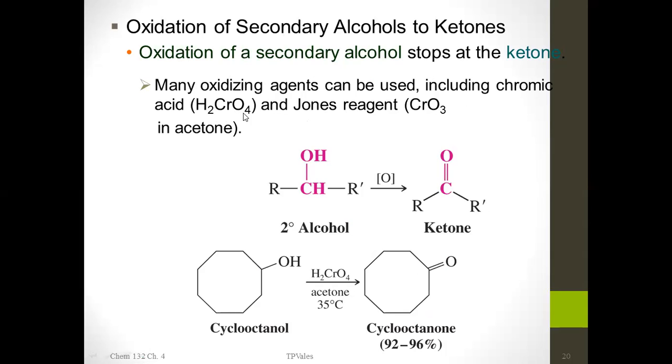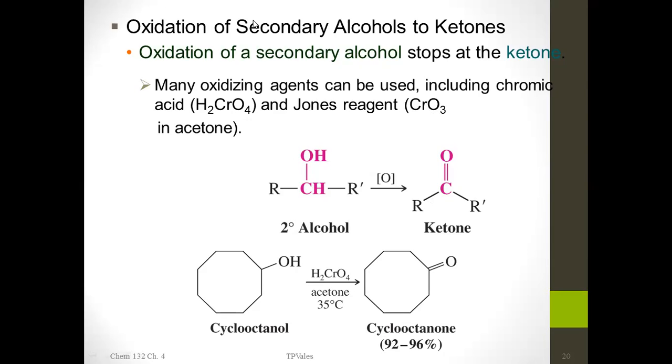Or you can have your Jones reagent, chromium trioxide, CrO3 in acetone. In this kind of reaction, you have a secondary alcohol, and when you oxidize it, you get a ketone. You don't get a carboxylic acid in this process.